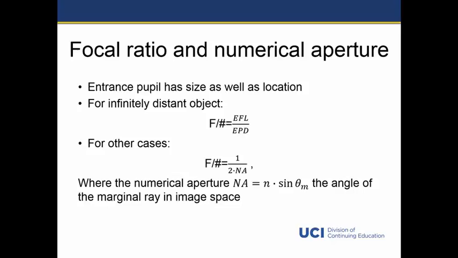The numerical aperture is simply the index in this particular space, in this case object space, times the sine of the marginal ray in that space. Okay? So my F number in image space would be the index in image space times the sine of the marginal ray in image space, and my F number is 1 over 2 times that quantity.